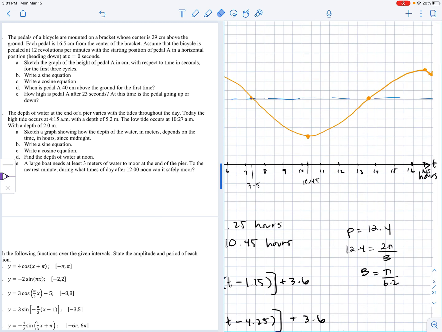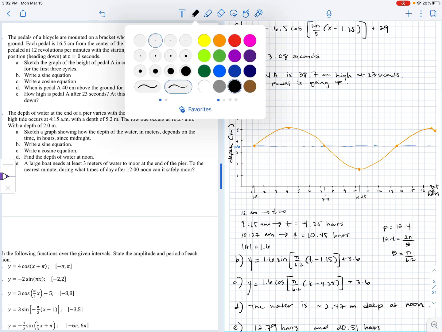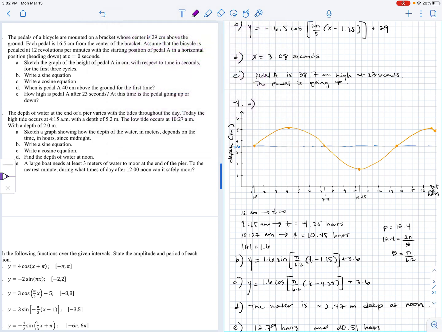Because t equals 0 represents 12 a.m., midnight. So on our graph, we want to know after 12 hours, so after 12 p.m., between what times will the water be at least 3 meters. So we can find the points of intersection.